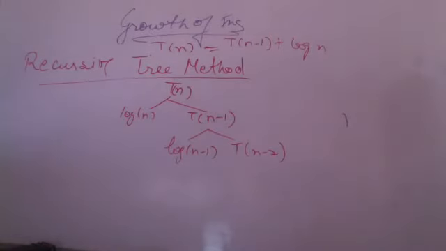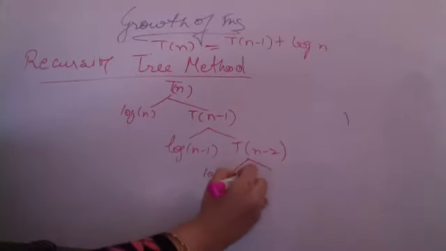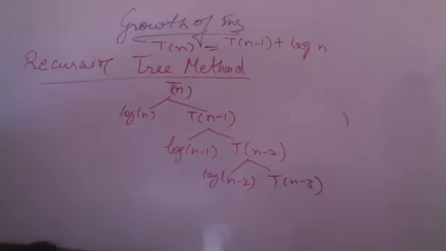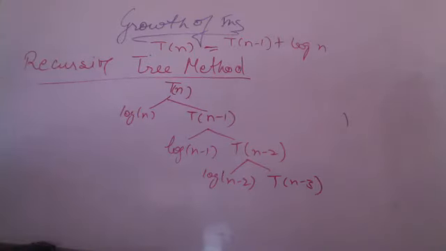Yes, ma'am. All of you will agree to that. This will again take log of n minus 2 plus T(n minus 3) time. I am creating a recursive tree for breaking the function. That is why this method is known as the recursive tree method.